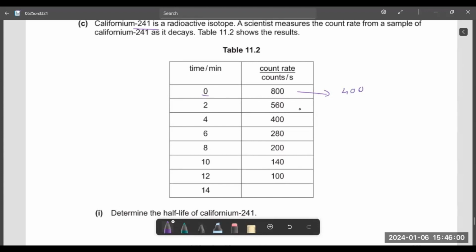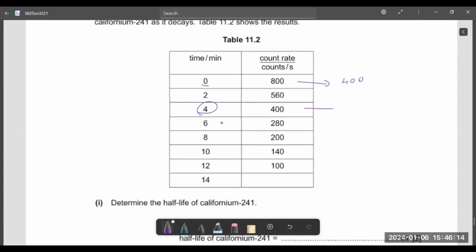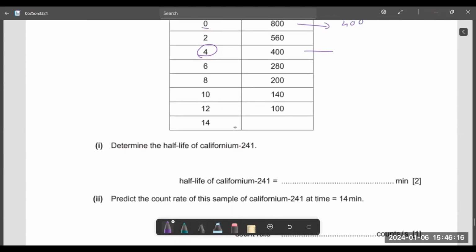Starting it was 800, and here it is changing to 400. So its half-life is 4. It is changing from the initial amount to half of its amount in 4 minutes. So the answer for the half-life is 4.